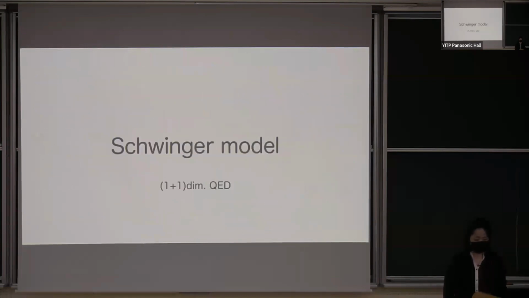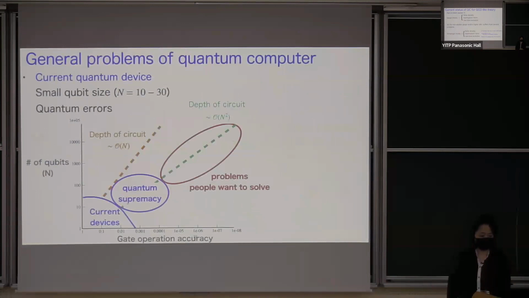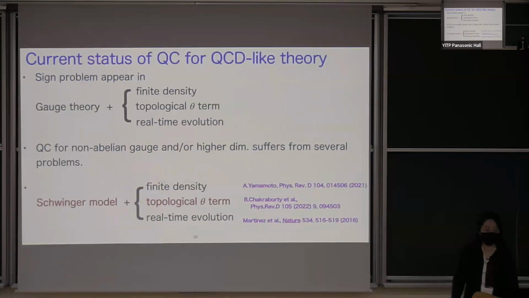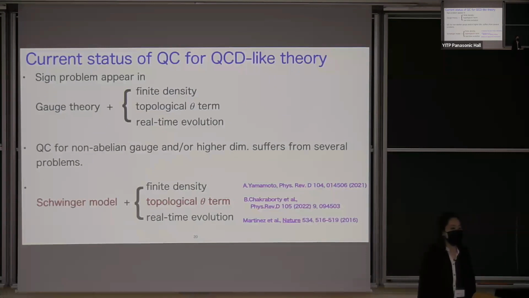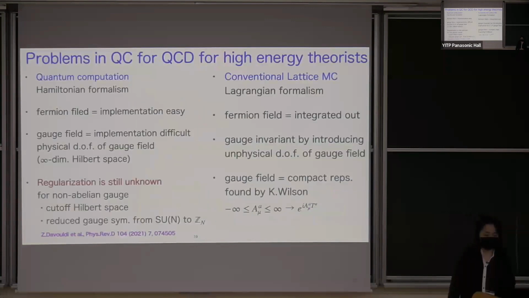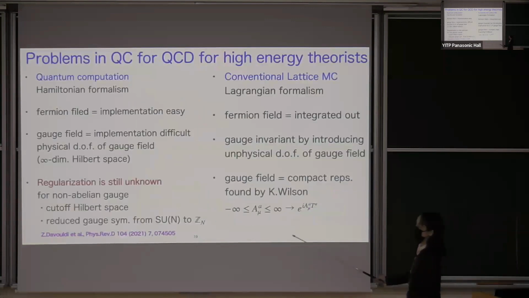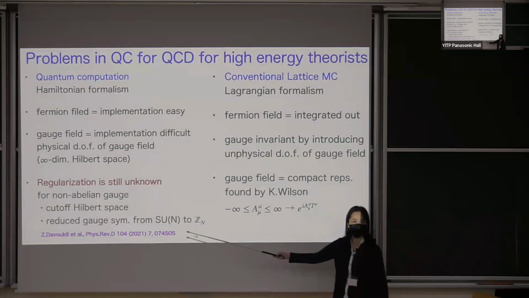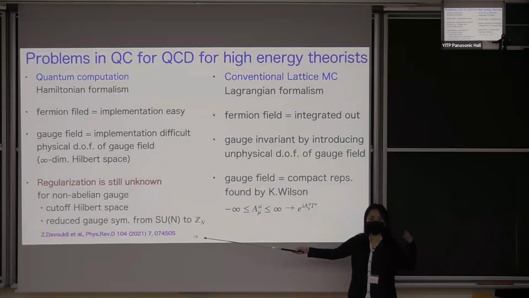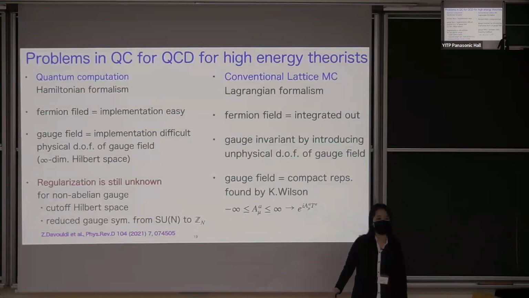Okay. Another question: I'm not so familiar with lattice QCD, but is it possible to extend this model to the non-abelian case, like an SU(2) Schwinger model? Yes, many people are trying to do that, but as I explained, at present we have to introduce some cutoff of the Hilbert space or change the gauge symmetry to reduce it.